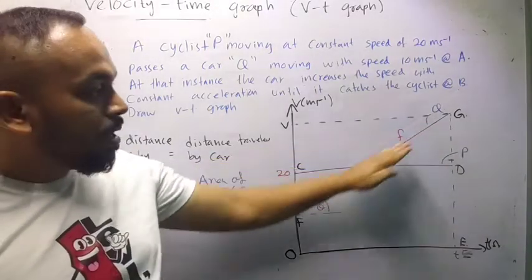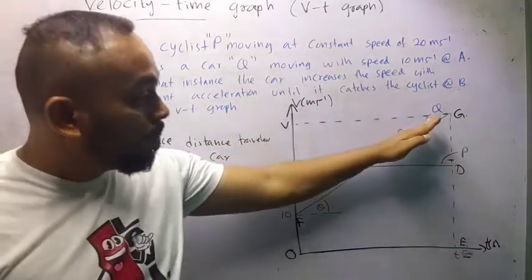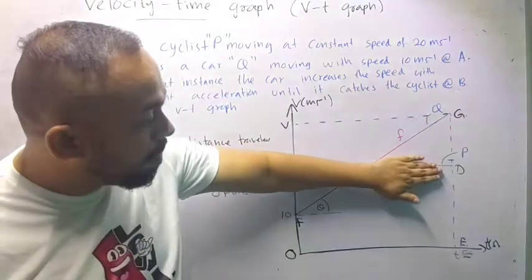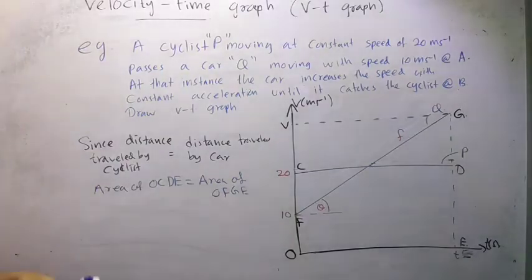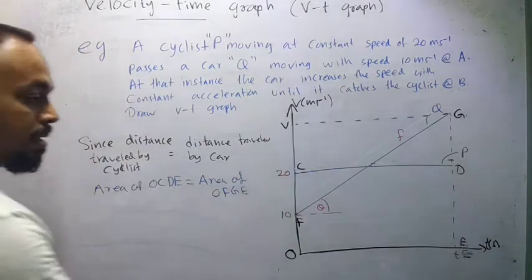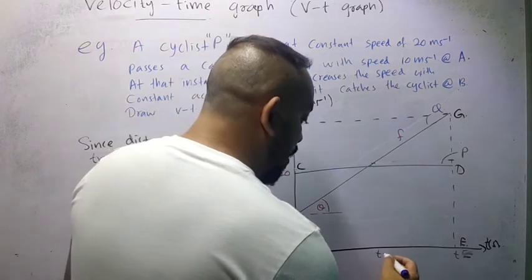This graph belongs to the car Q. So the area under this graph is the displacement of the car.